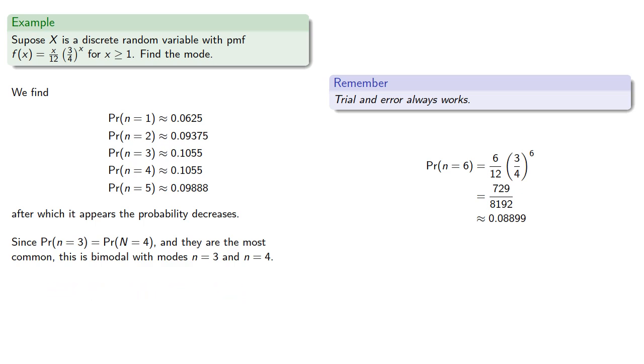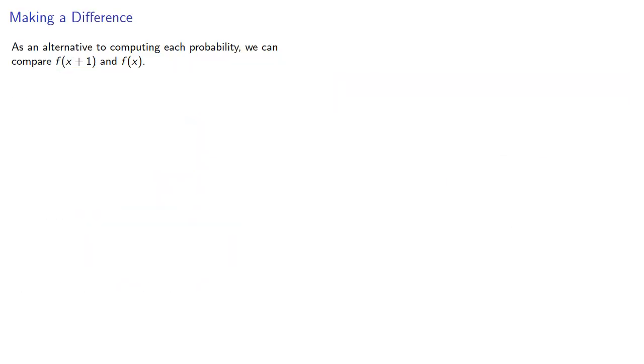But do we really know that the probability is going to decrease after this? So as an alternative to computing each probability, we can compare the probability of x plus 1 and the probability of x.